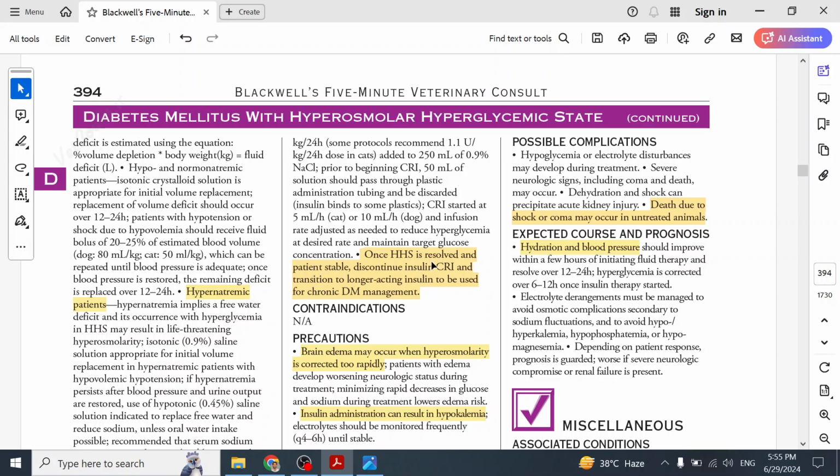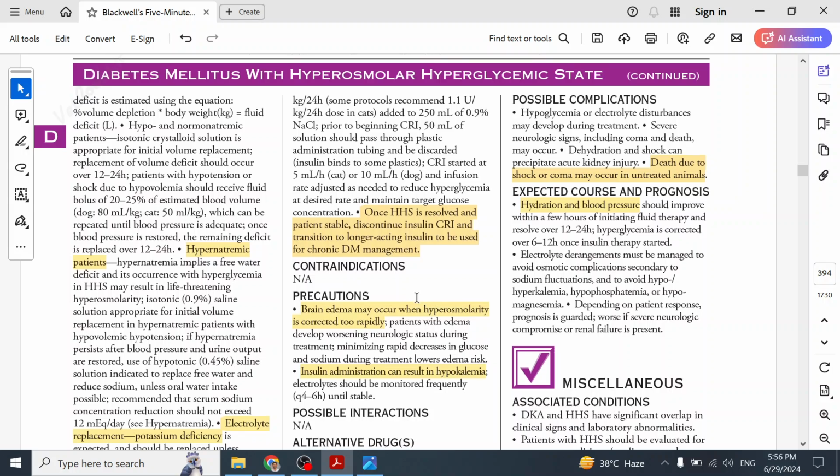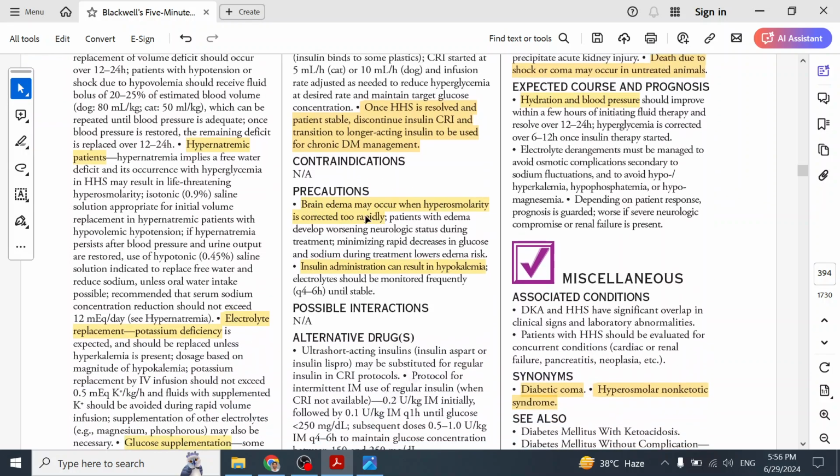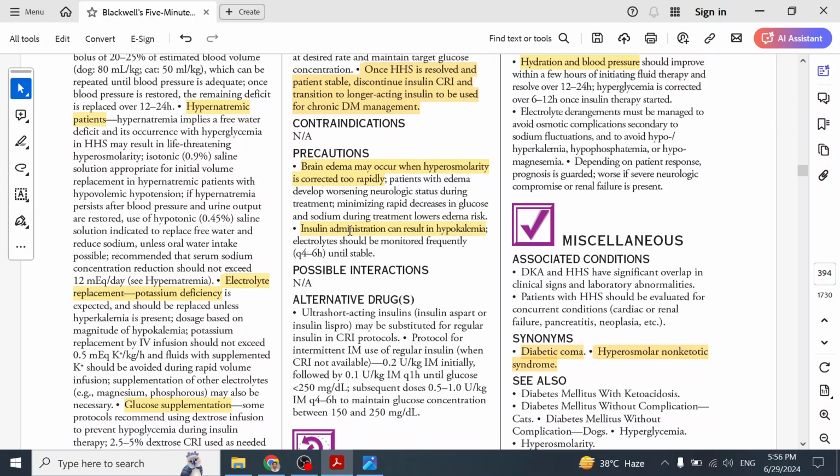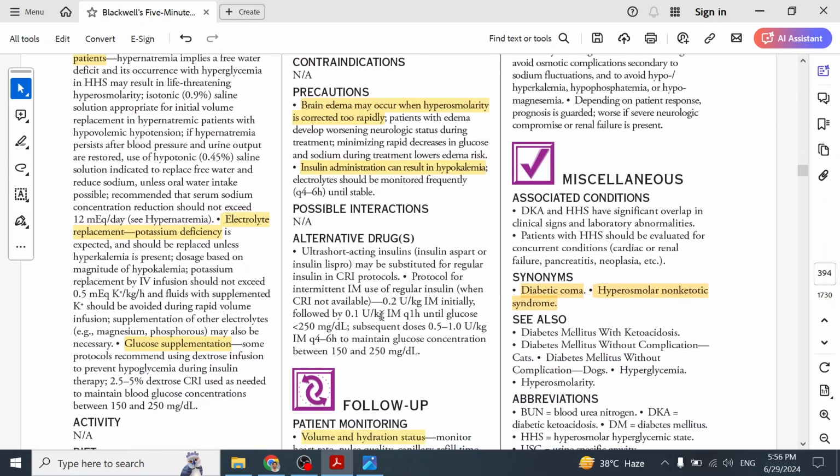Once HHS is resolved and the patient is stable, discontinue the insulin CRI and transition to longer acting insulin to be used for chronic DM management. This point is most important regarding HHS. Then precautions: brain edema may occur when hyperosmolarity is corrected too rapidly. Whenever we give IV fluid too aggressively, it can cause brain edema, and insulin administration can result in hypokalemia.